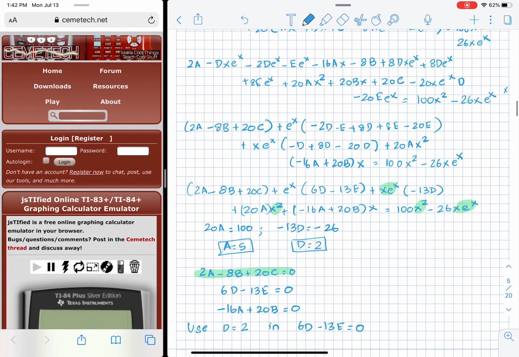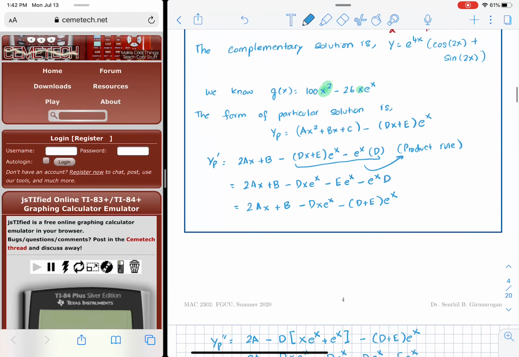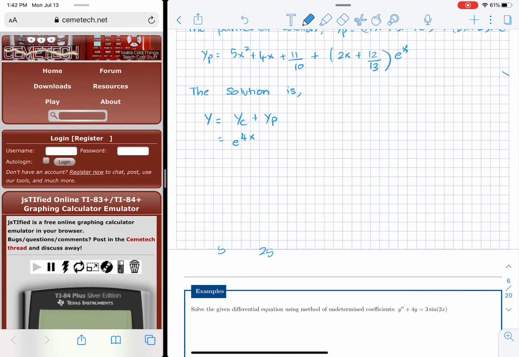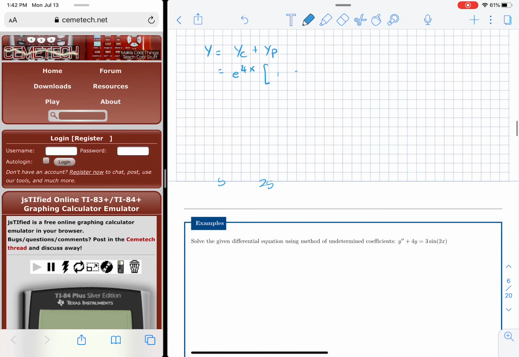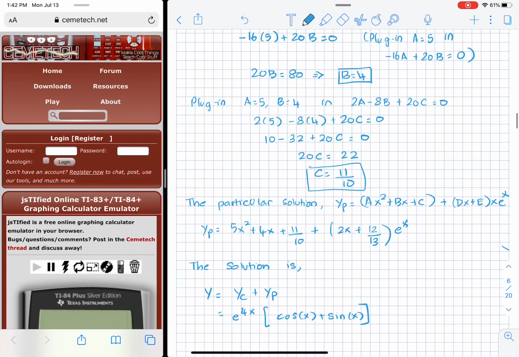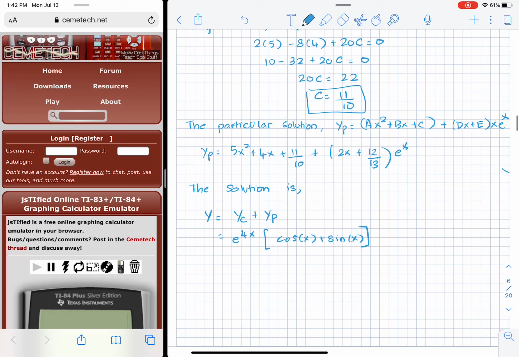We know what yc is, that is e^(4x) multiplied by cosine x plus sine x, plus 5x squared plus 4x plus 11 over 10 plus 2x plus 12 over 13 e^x. And that would be the final solution.